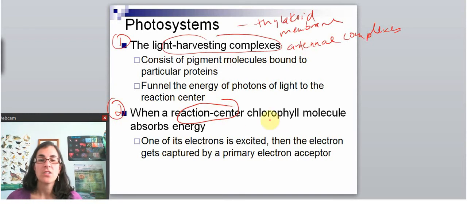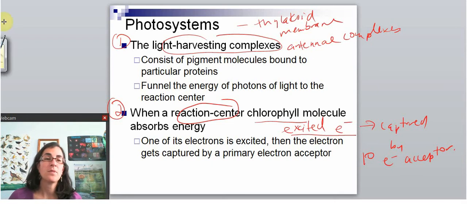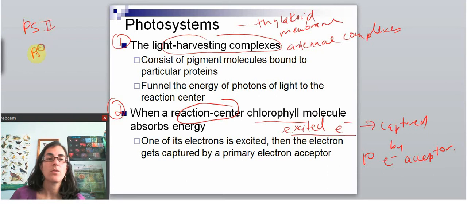In the reaction center, there's a special chlorophyll molecule that will absorb the energy by getting an excited electron. So the excited electron occurs in the reaction center, and that excited electron is then captured by something called the primary electron acceptor. So that's the basic process in the photosystems. There's two types of photosystems, photosystem 2 and photosystem 1.